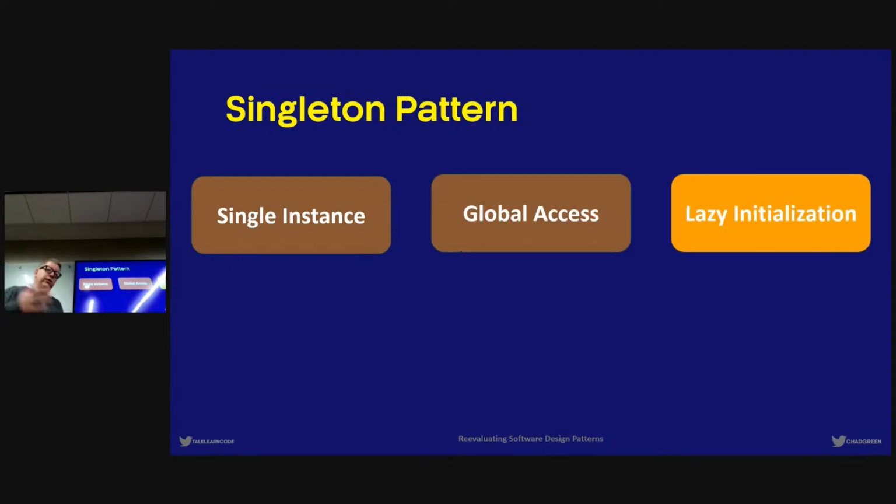They also generally provide lazy initialization. So I don't have to initialize it right away. I can initialize it when I'm actually ready to start using it. Generally, that initialization is a little smart because it notices, oh, you haven't initialized it, so I'm now going to initialize it. So I don't have to make a specific call to initialize it. I just start using it.